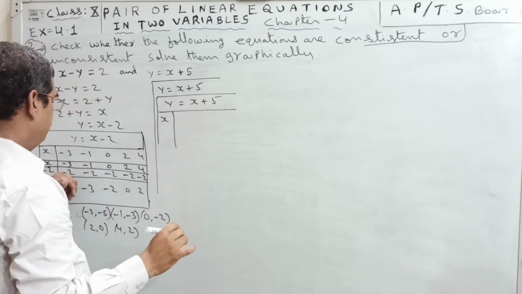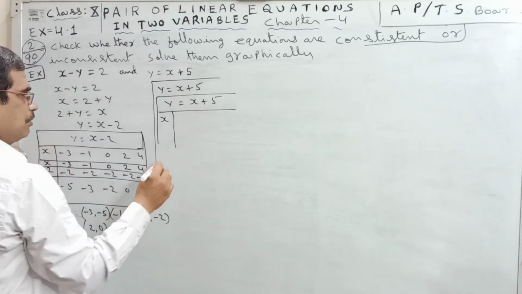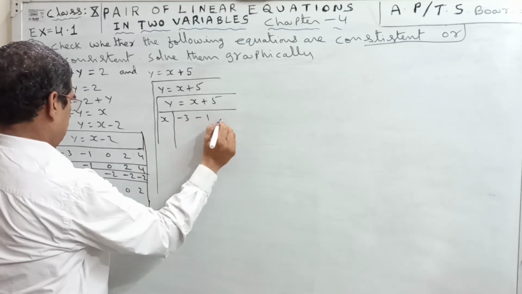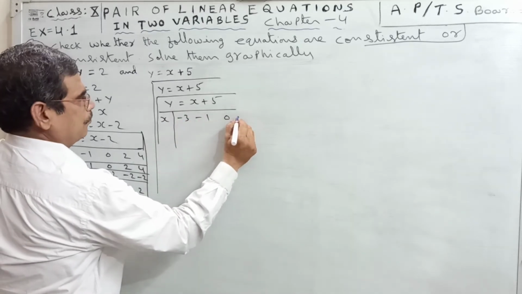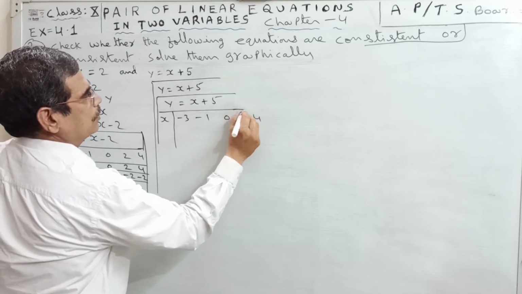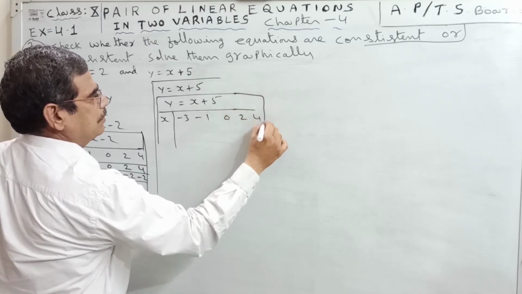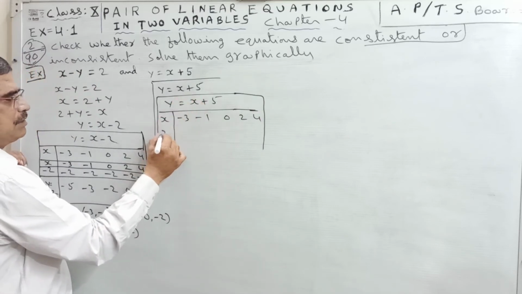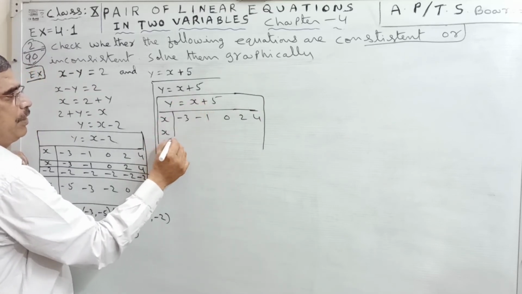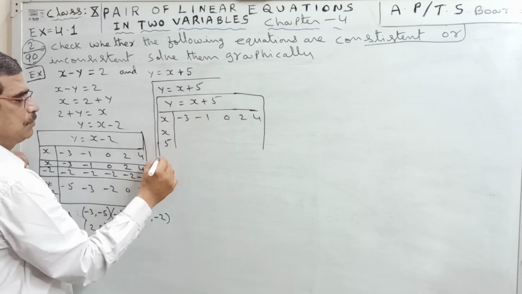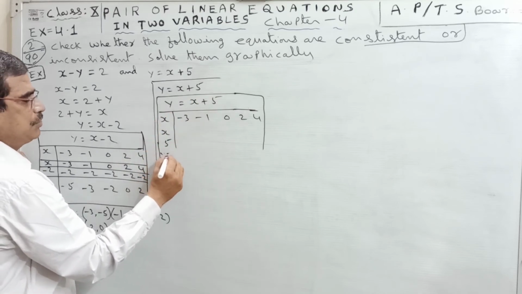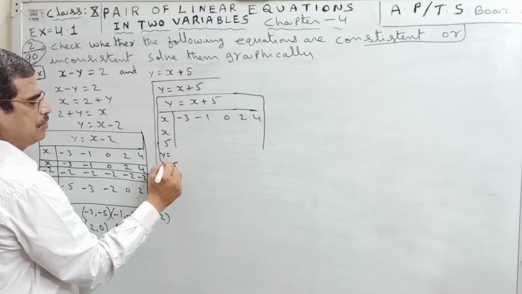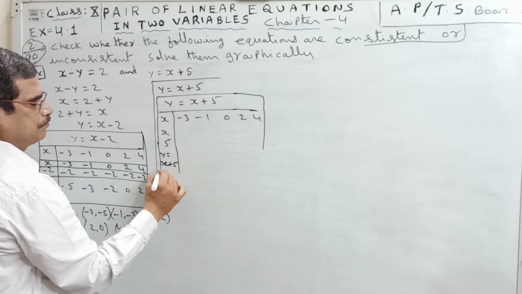We can take any type of values. Take these values only: -3, -1, 0, 2, 4. Next, x, after that 5, and by adding these two we get y is equal to x plus 5.